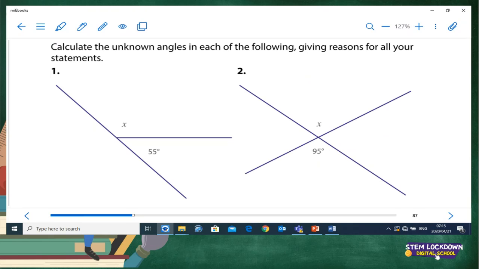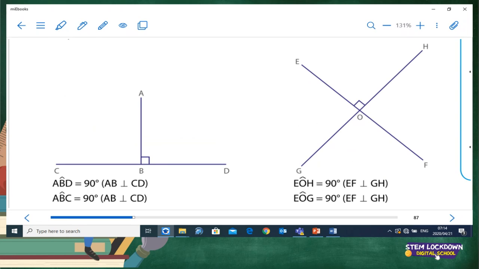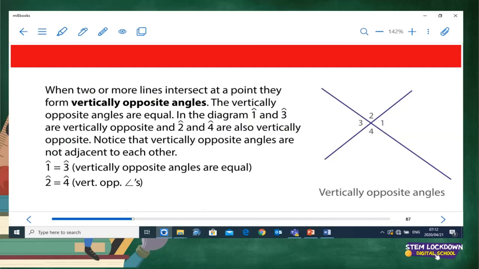And what did I say about vertically opposite angles? If you remember very well, just to take you back to the slide where we spoke about vertically opposite angles this morning, we said that vertically opposite angles are equal, as reflected in the slide.